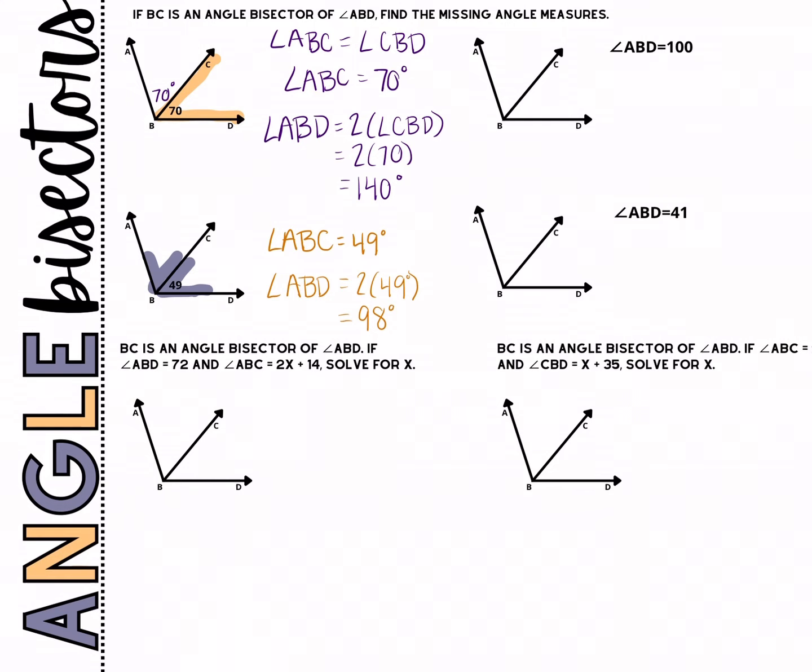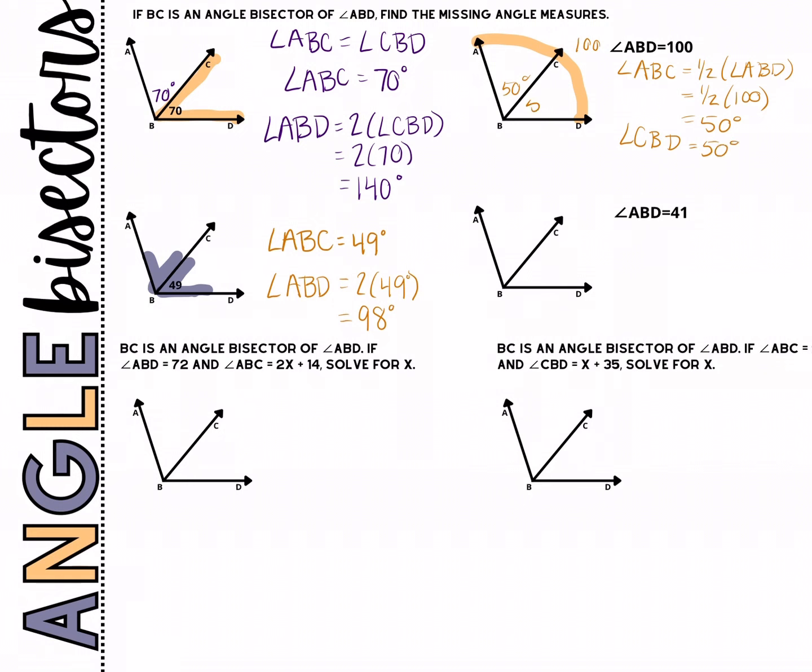For the next two, they give you the whole angle and want you to find the two halves. The whole angle ABD is 100 degrees, so angle ABC is 1/2 of angle ABD. 1/2 of 100 is 50 degrees. Because it's an angle bisector, angle CBD is also 50 degrees.